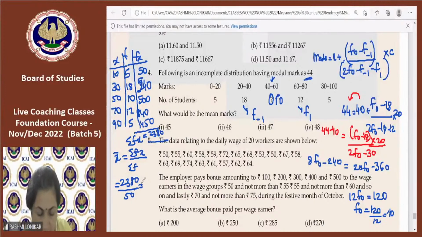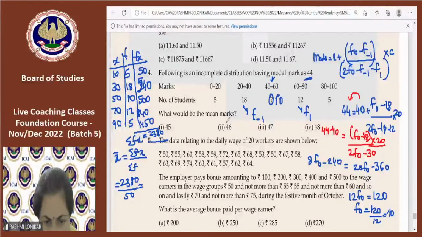Let me check the calculation. 18 into 30 is 540.